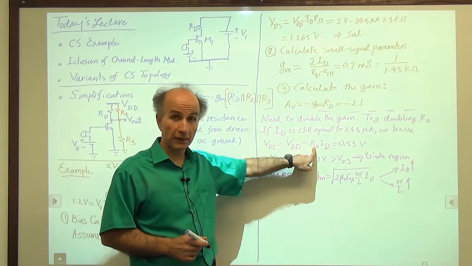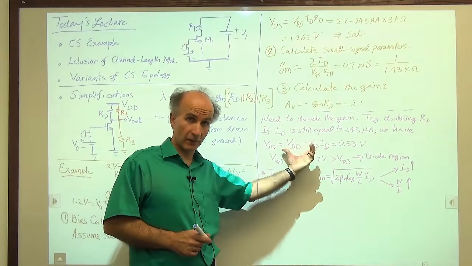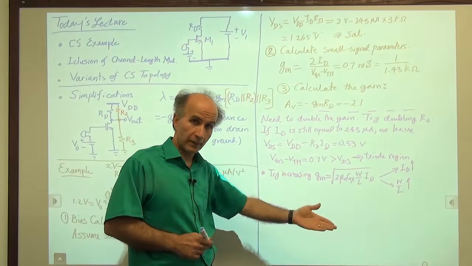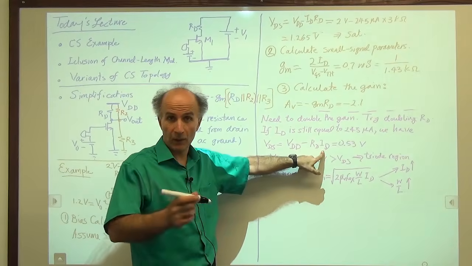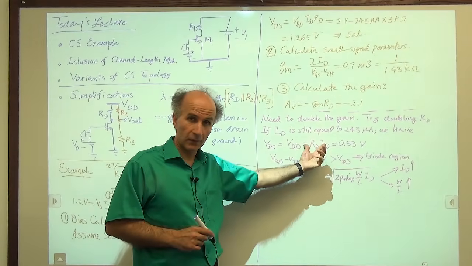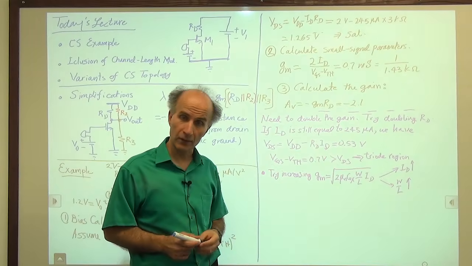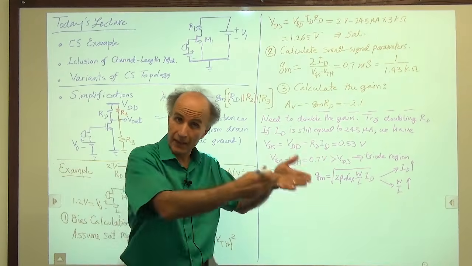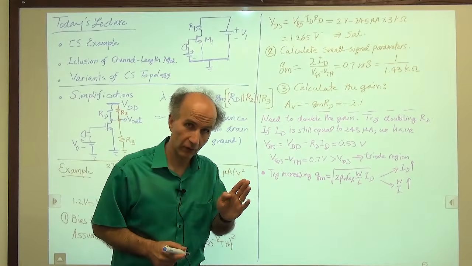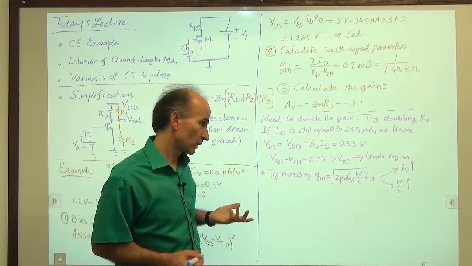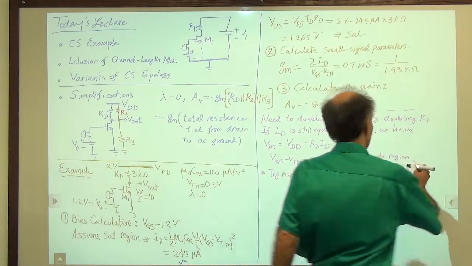Previously, we attempted to increase RD, and as a result, this difference collapsed, so VDS was too small. This time, we're trying to increase ID. Same problem. If you increase ID, this term increases, this term decreases, VDS decreases, we go into triode region. So again, ID has a certain limit. For a given amount of RD, ID has a certain limit. We can't do much. So let me write that down here.